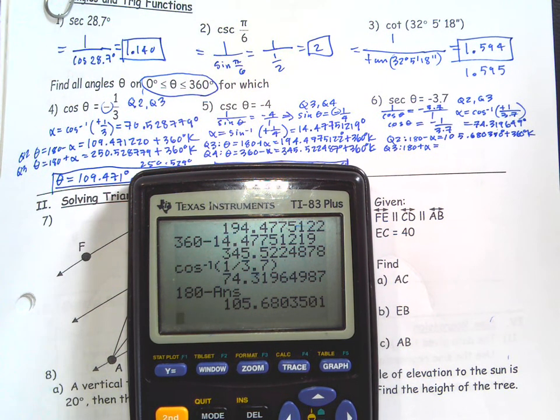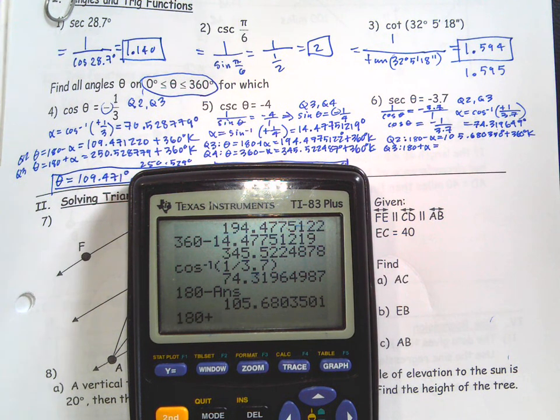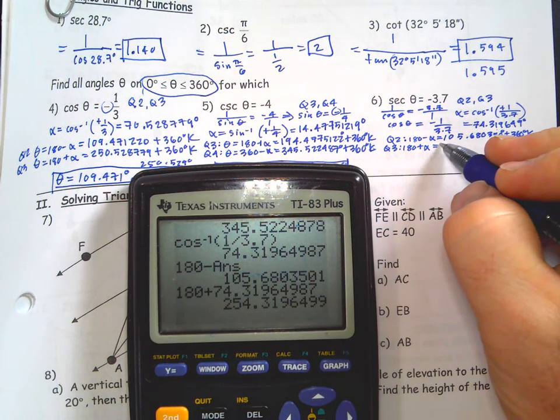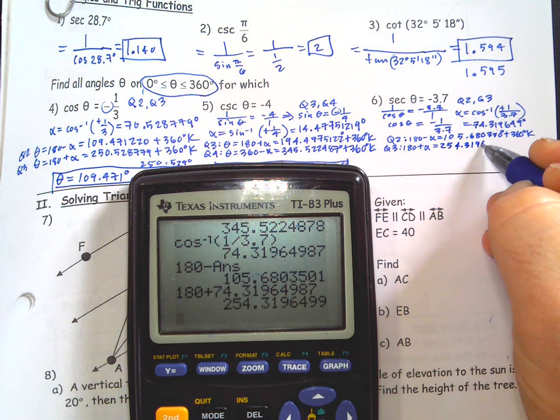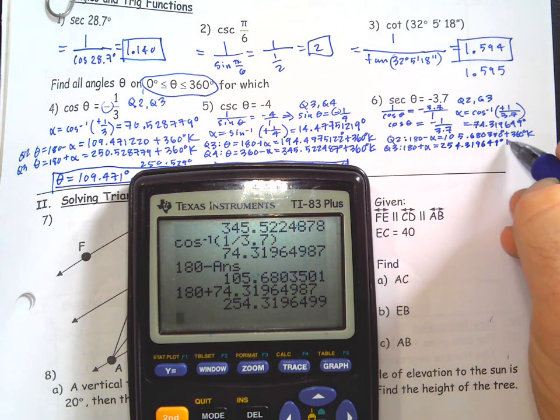And 180 plus 74.319649 is 254.319649 plus 360k.